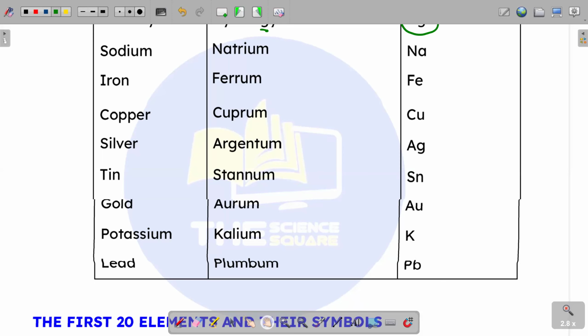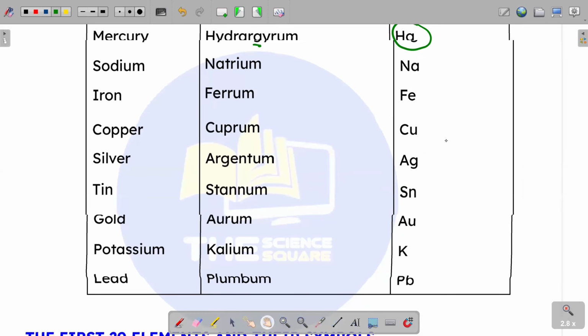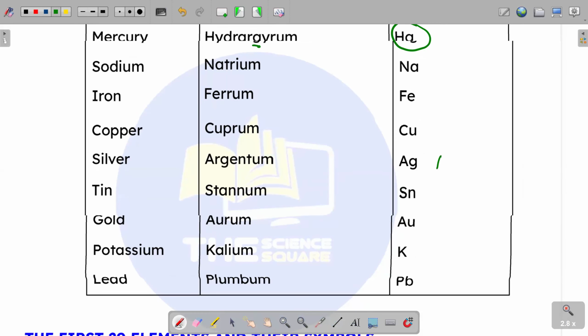So it will not be correct to write silver as Hg. It doesn't make sense. It is completely incorrect. It has to be written as what? The first letter, capital letter, and the next letter from within the name is a small letter.